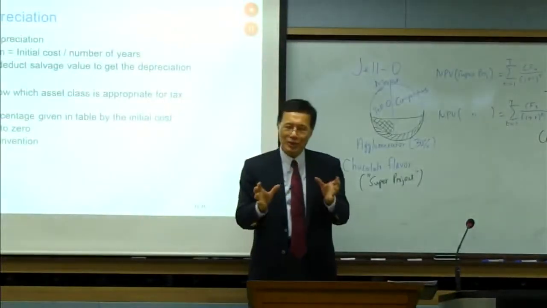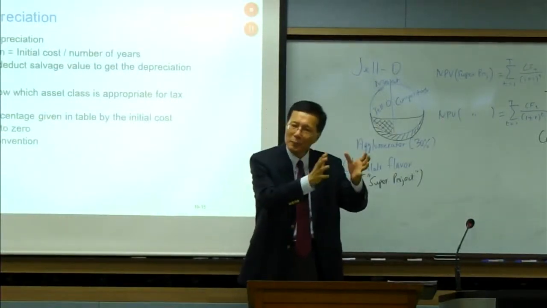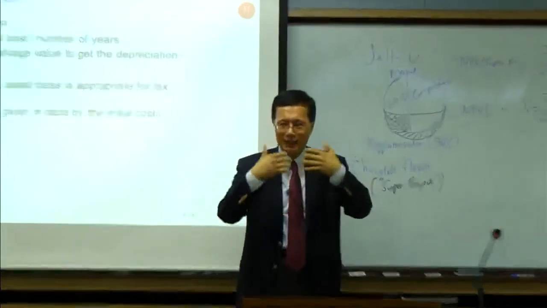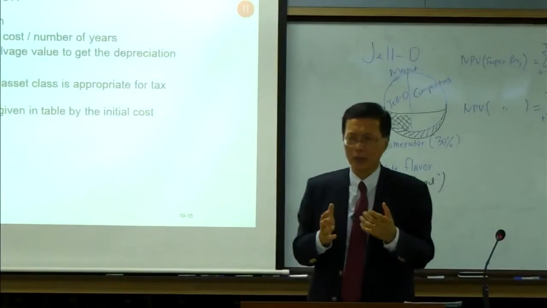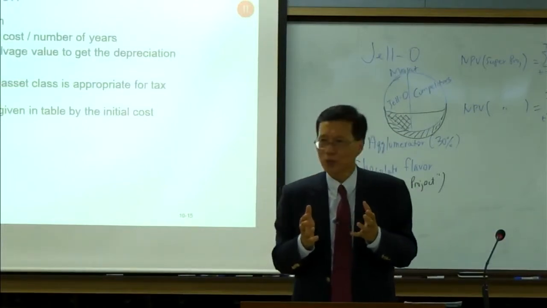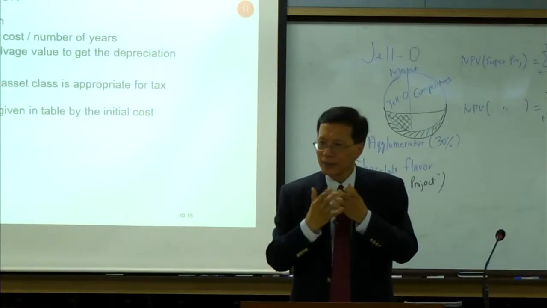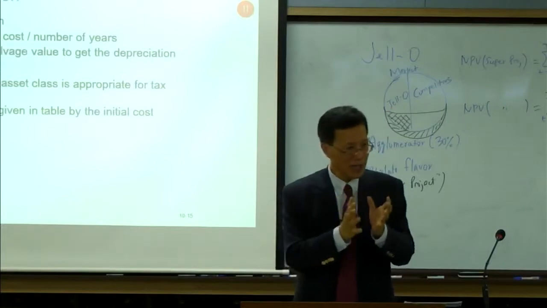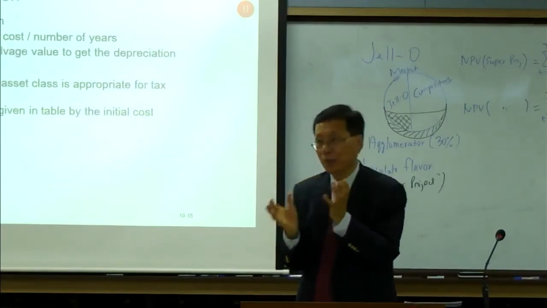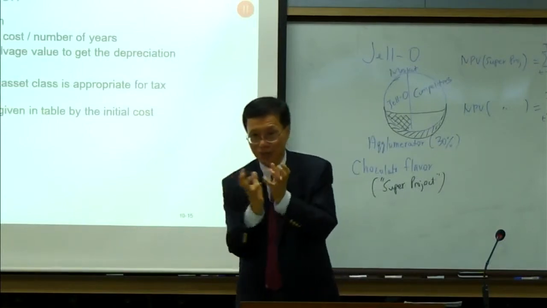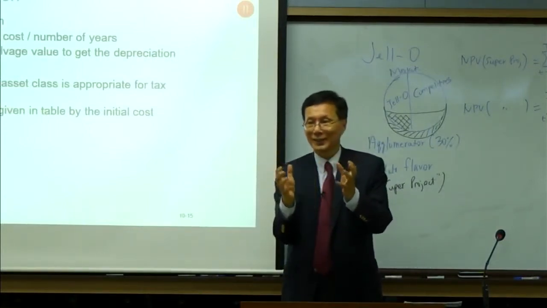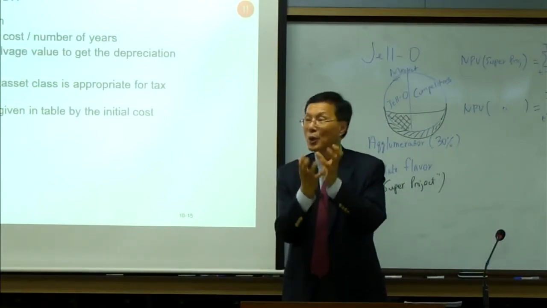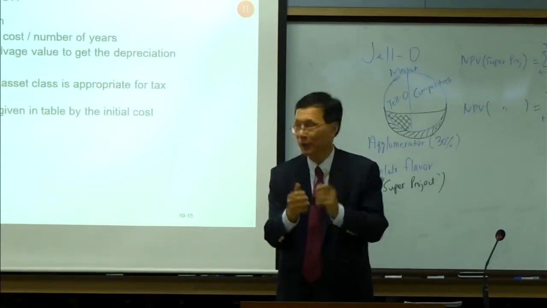MACRS is depreciation being done more in the beginning and less toward the end. It's accelerated depreciation. The reason why people use accelerated depreciation is to collect cash in the early years of the project. Because of the depreciation tax shield, because we add back depreciation in the operating cash flow computation, the earlier you have a large amount of depreciation, the more cash flows you get in the earlier time periods.